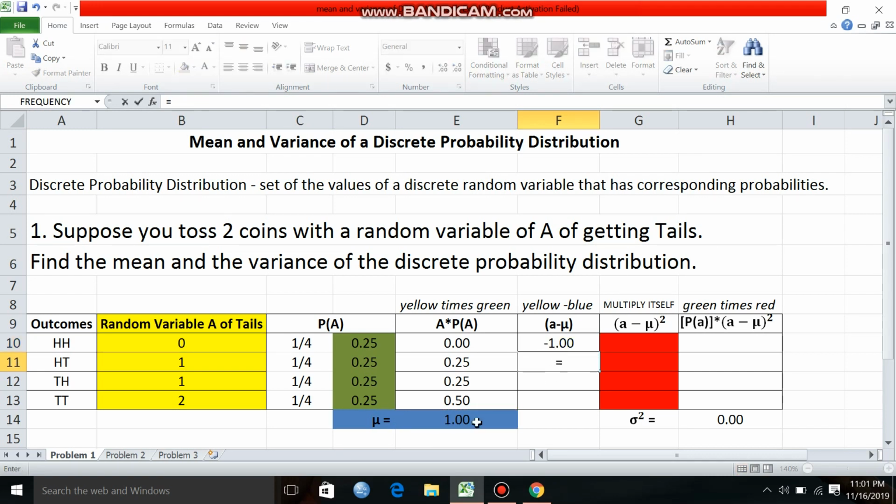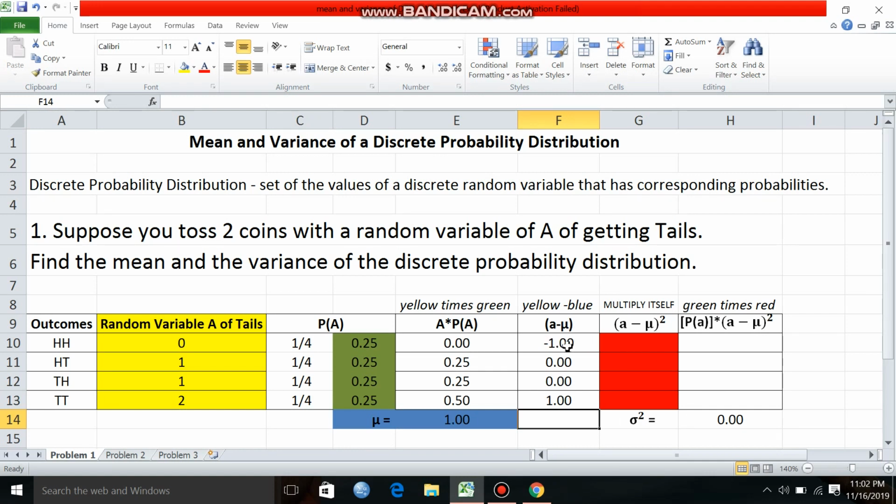Next we have 1 minus the mean, which is 0. Next we have 1 again minus the mean, which is 0, and we have 2 minus 1, which is 1.